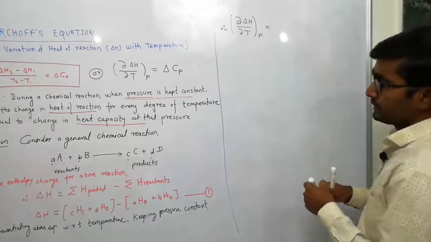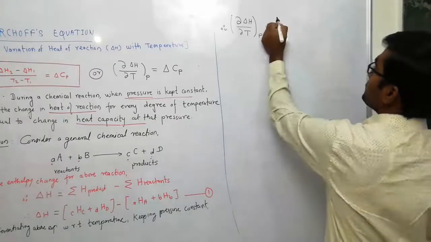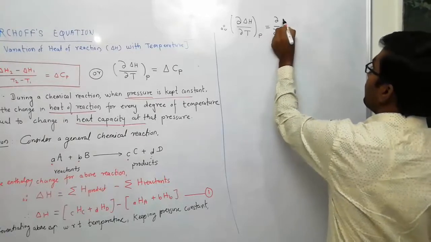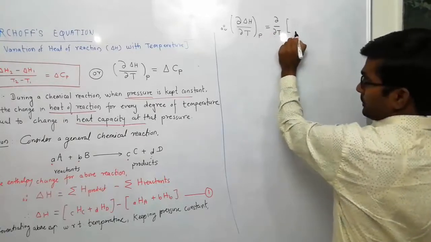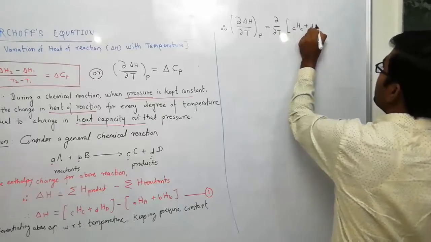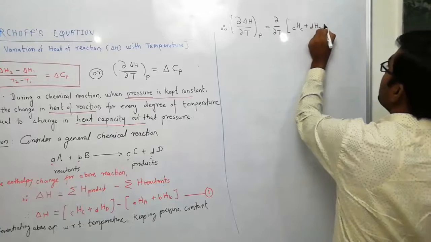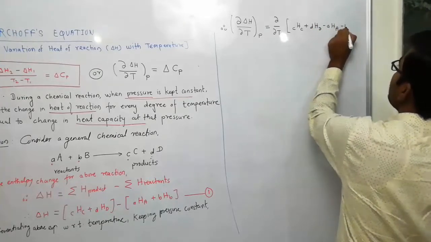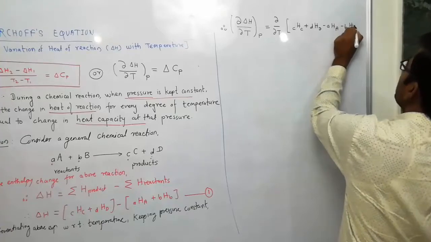So, it will be, therefore, in square bracket del by del T of all this term, plus small d into HD minus small a into HA minus small b into HB.